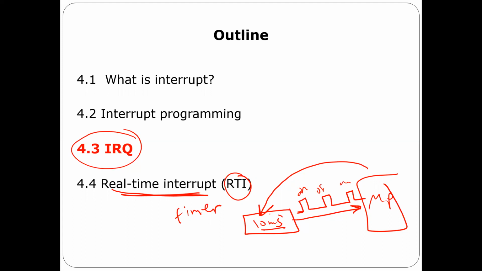Very simple: when you configure the timer to 10 milliseconds, you are going to have an interrupt every 10 milliseconds. That means the interrupt subroutine is going to be executed every 10 milliseconds. So this is used if you want to do frequent actions or frequent events. Anyway, I'm gonna explain later in detail. So this is for RTI.